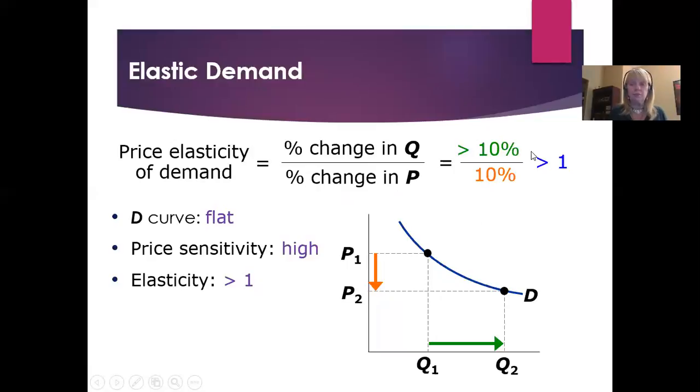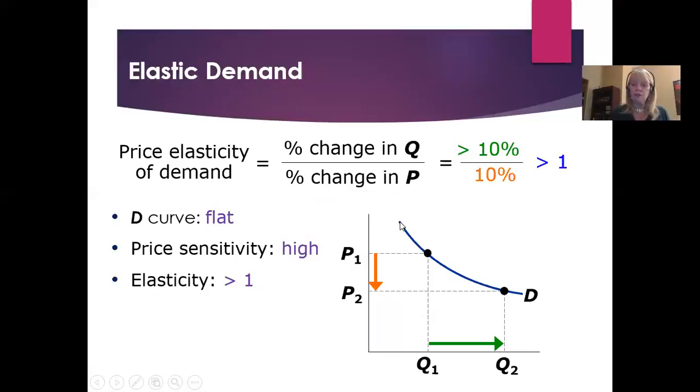That gives you an elasticity that is greater than 1. You're dividing a larger number by a smaller number. 4 divided by 3, 3 divided by 2, 6 divided by 5. It's always going to result in something greater than 1.